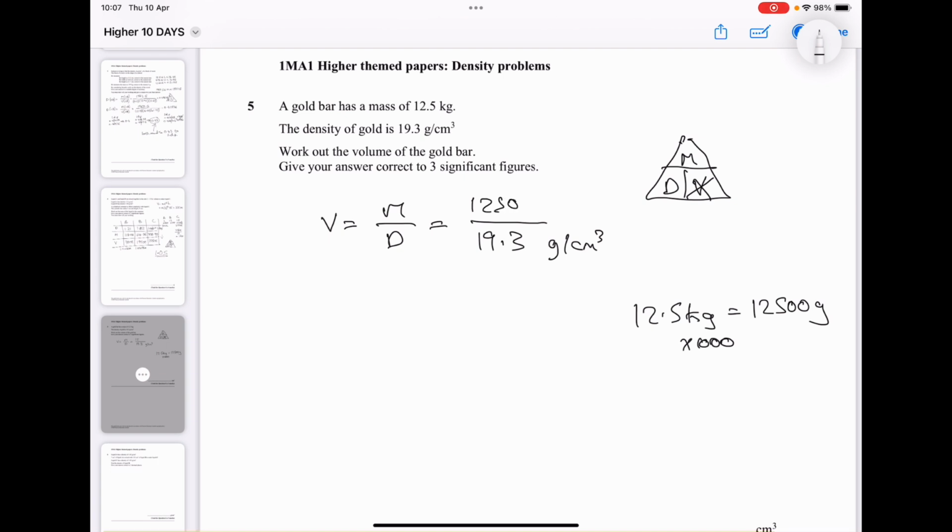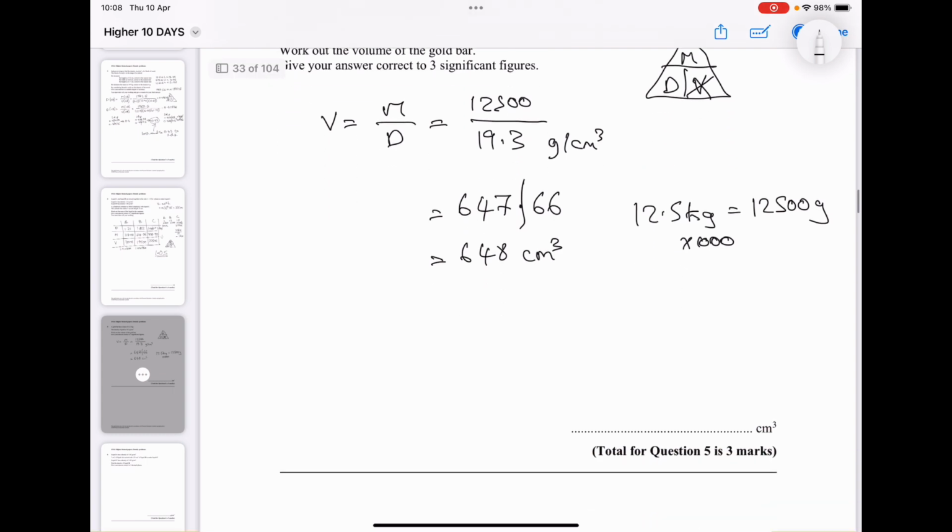So what I've got is 12,500 divided by 19.3 is 647.66, which in three significant figures is 648, and the units for this, for volume, will be centimetres cubed.